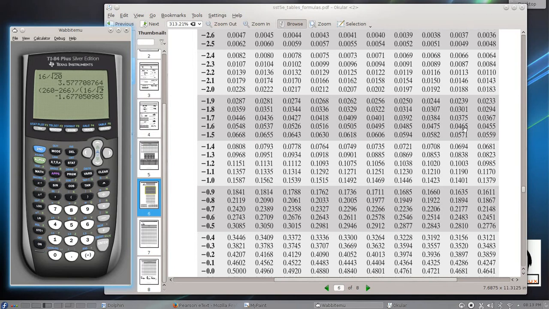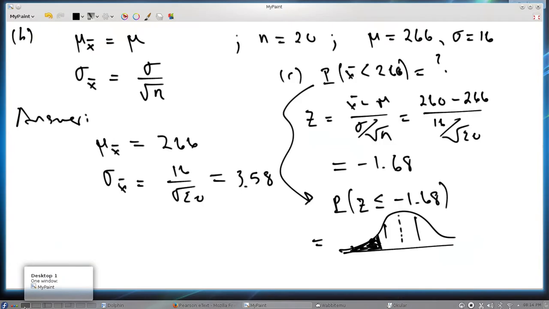You have 0.0465. See that? Right there. That's the answer. Just as we suspected, it's less than 5%. So that's the answer.